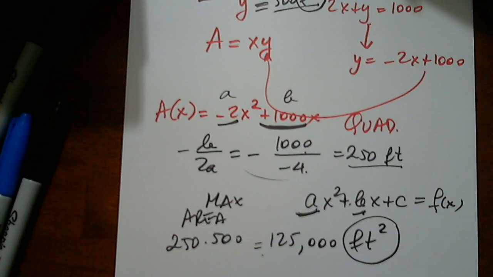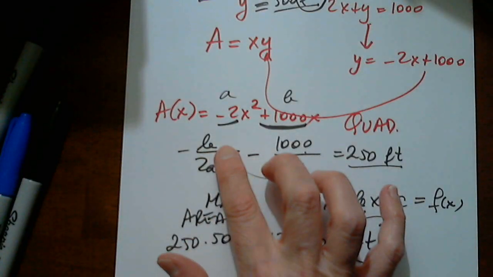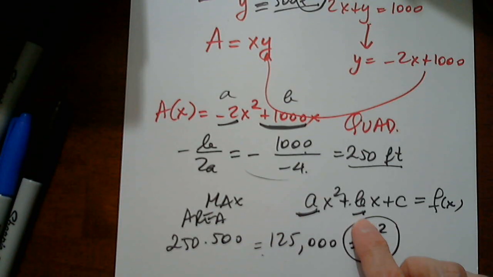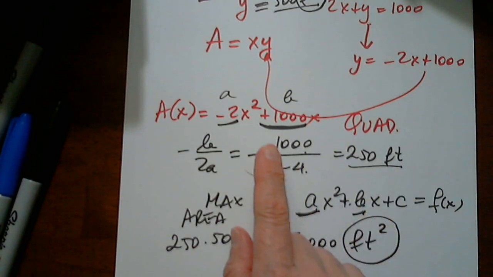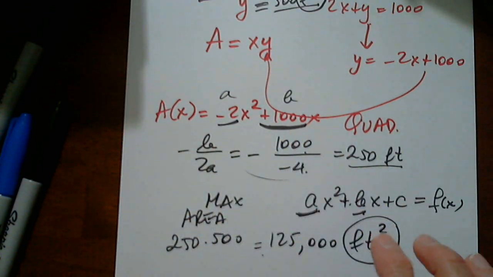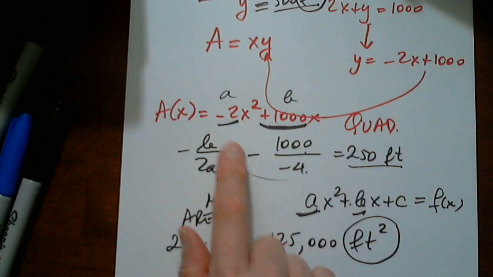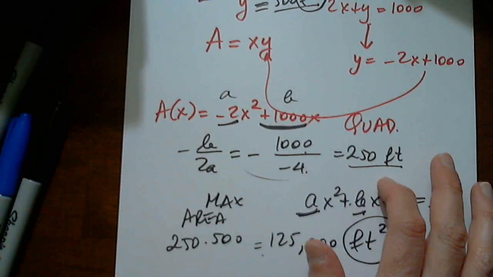Any questions on this? Any questions? So again, the formula is negative b over 2a. b is the coefficient of x in the formula. That's why you have to present it in descending order so you don't make a mistake in selecting the coefficients. That's why I always have it in descending order. So negative b over 2a, we got 250.